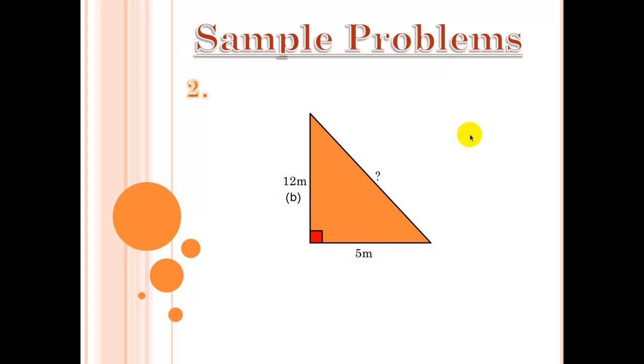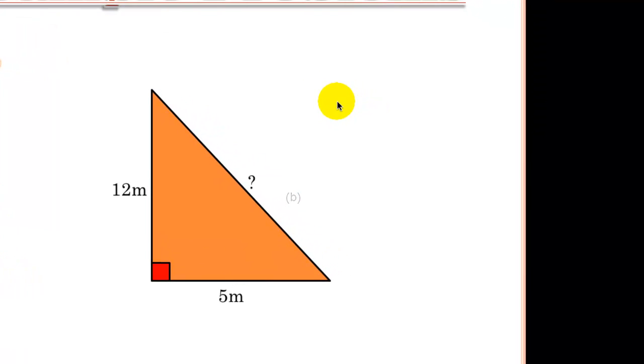Let's start with the equation c squared, which is the question mark, equals a squared plus b squared.